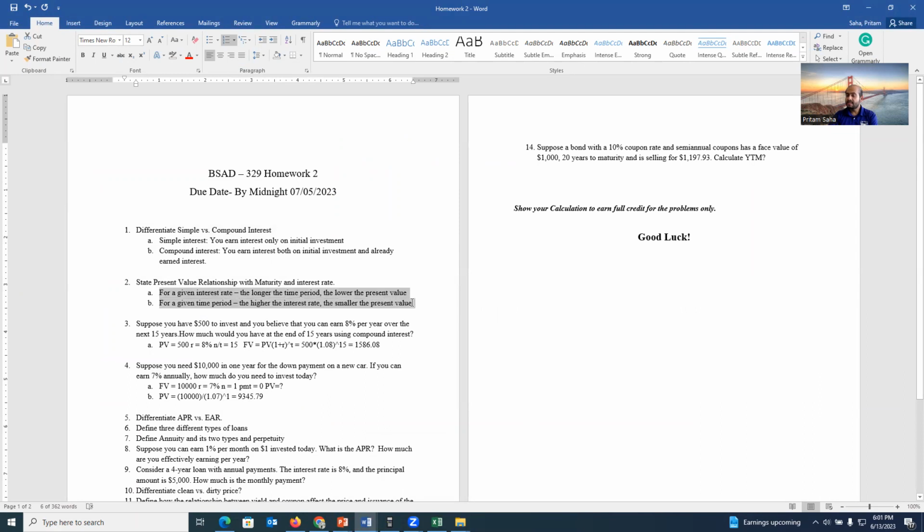We learned it from the slide. So when the time is more, when the interest rate is more, everything held constant, present value should be lower. Negative relationship. These are the two problems we did in the last class. If you still watch the videos on the slide, I solved these two problems. So far, we're good on these 4 problems coming from chapter 5.